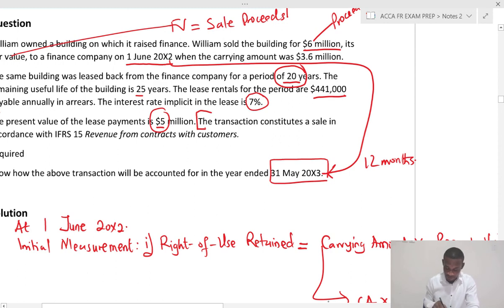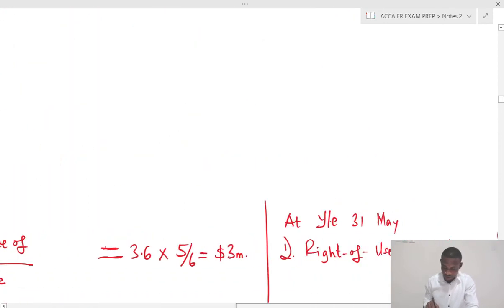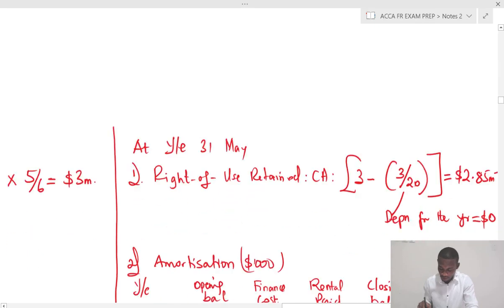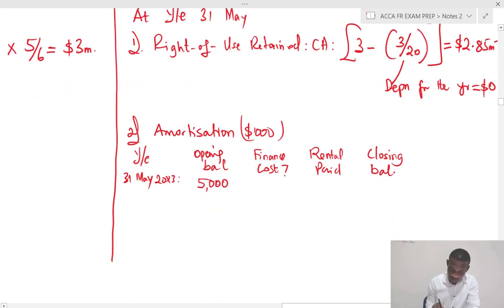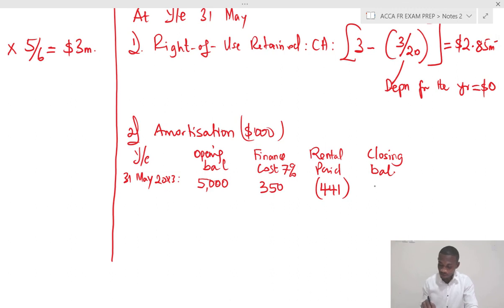So 5,000 times 7% gives us 350. The rental paid will be 441, and that will be a deduction. So 5,350 minus 441 will give us 4,909.